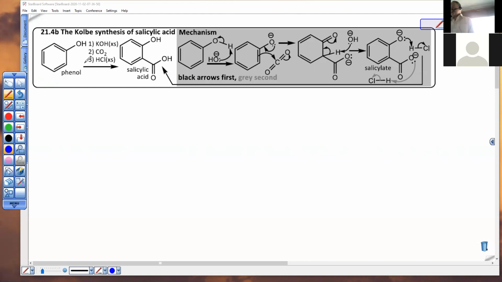Once again, take advantage of the pKa of phenol being low, take its H off, throw in some dry ice. That's what carbon dioxide is in its solid form. Dry ice will react with the phenoxide, and it does a similar thing to the previous reaction, except this behaves like an enolate.